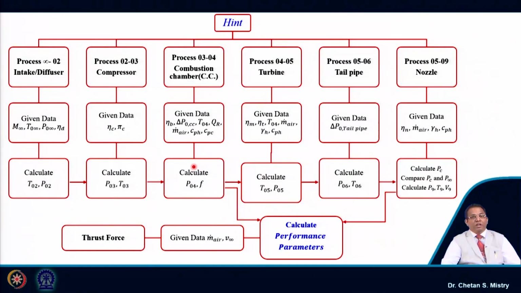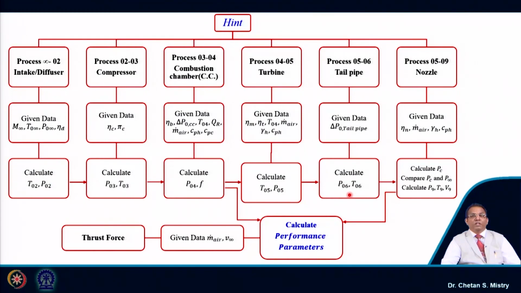Remember here the temperature at the entry of my turbine, or the exit of my combustion chamber, has been assumed by the company. Then we will do our calculation for pressure and temperature for the turbine, and pressure and temperature at the entry of my tailpipe. Then we will calculate the parameters for the nozzle.